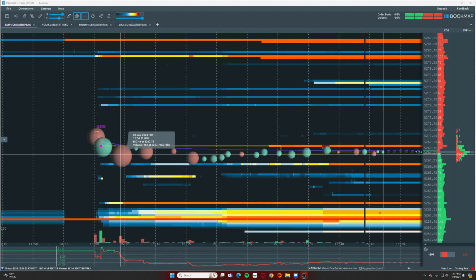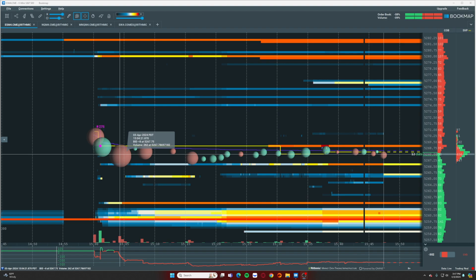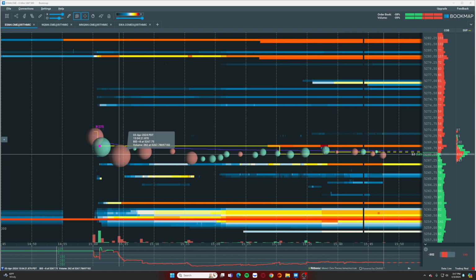The number next to the bid is basically how many were placed at the bid at the moment. Doesn't really matter, okay? So the number one thing that you need to look for is basically the size of the ball, the color of the ball, and the number next to the ball, okay?